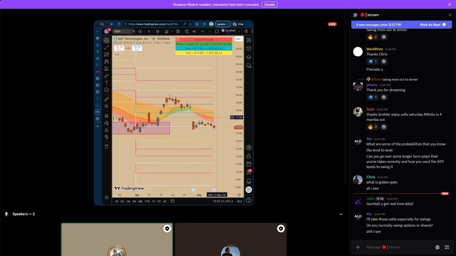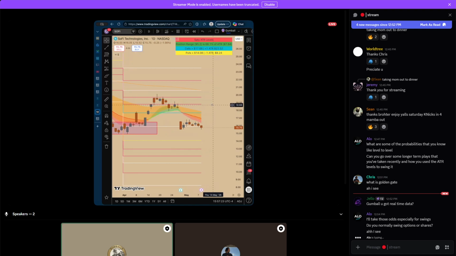For me, on a longer dated one though, I would look to scale out at 2 ATR levels above. And this isn't perfectly 2 ATR. I mean, you still have like 40 cents, but it's not too crazy. That move alone, you got a decent pull up on it.